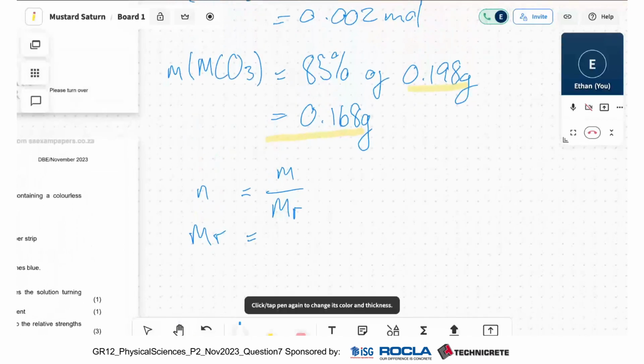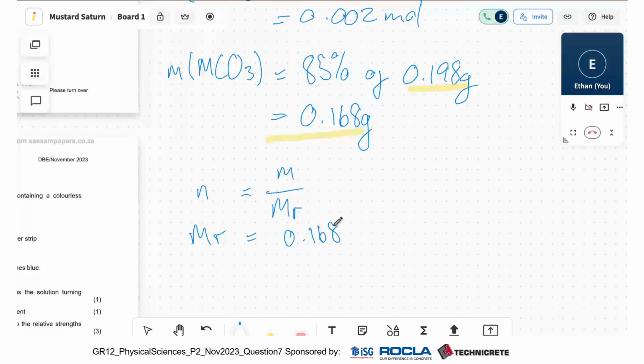So that means it is 0.168 over the moles, which is 0.02. And this gives us roughly 84 grams per mole.